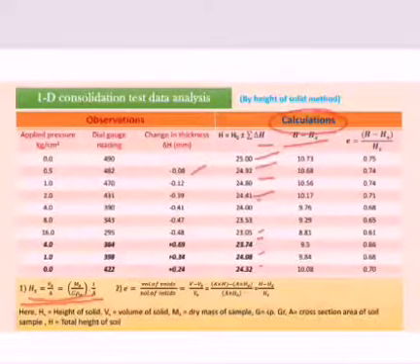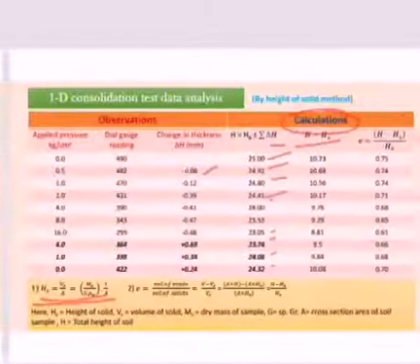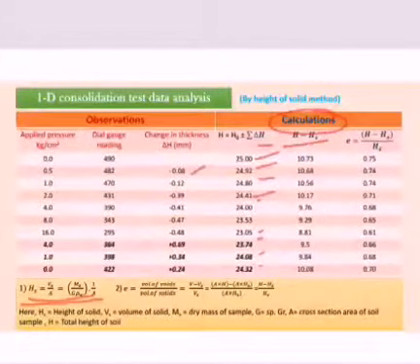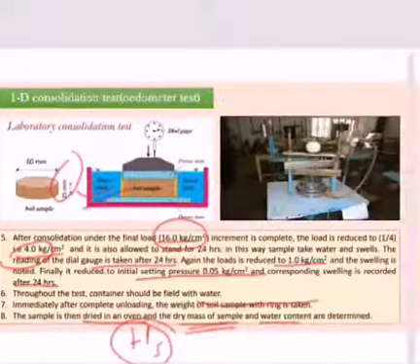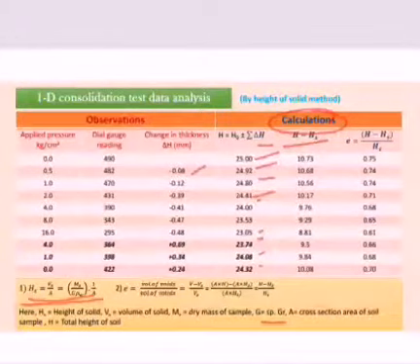Here we already know the dry mass of the sample, we know the specific gravity, and we know the cross section area A. As the diameter of the sample is 60 mm, we can easily find the cross section area A. Now by using this formula we have Hs, and from this column we have H. Now we can easily find the difference H minus Hs.